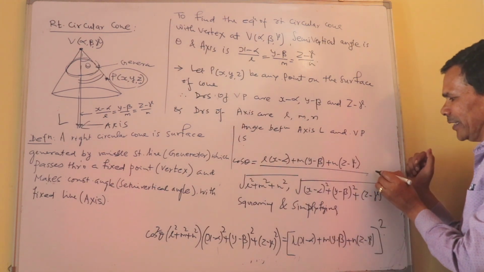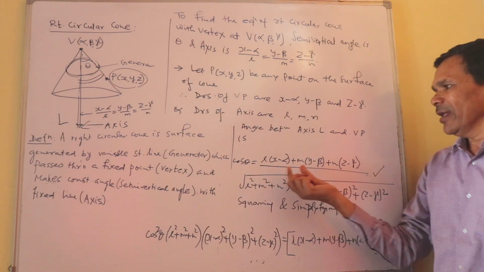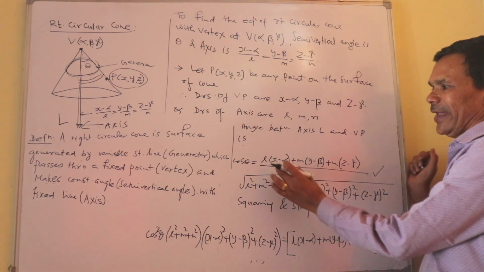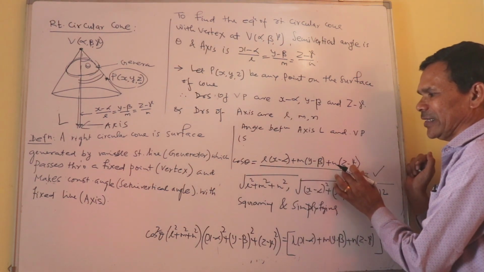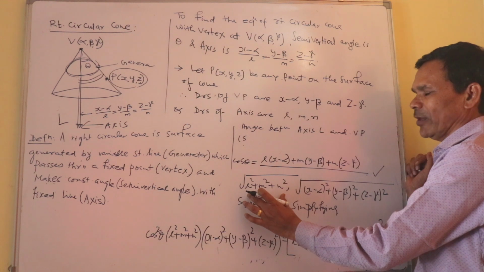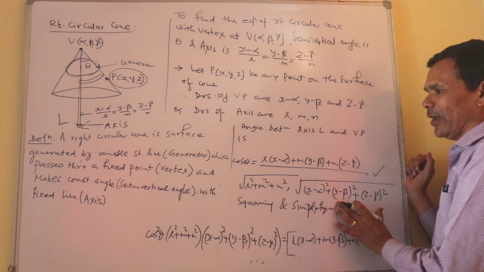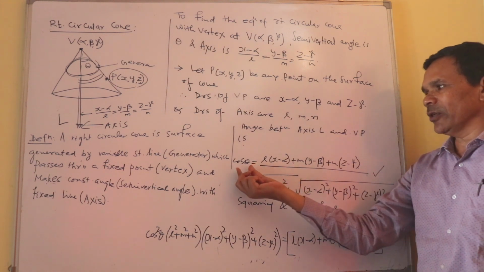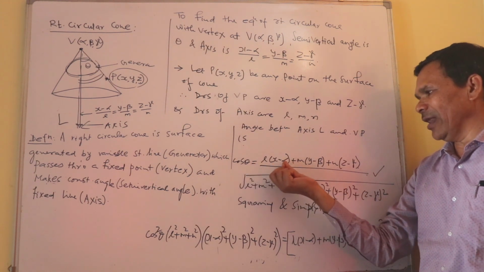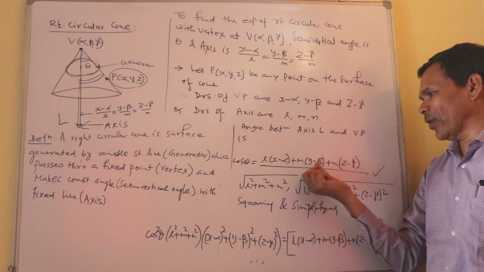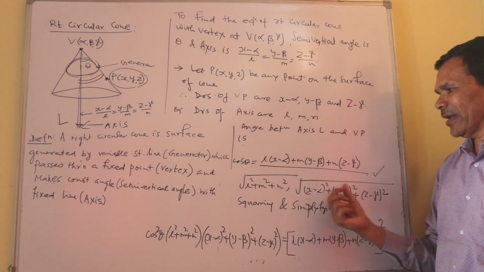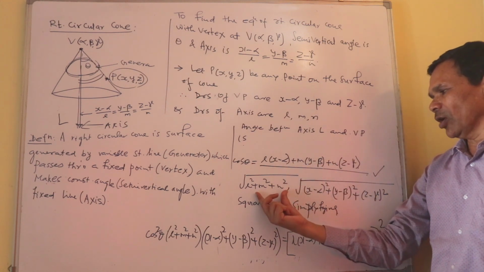So the cosine of the angle theta is given by the formula (a a' plus b b' plus c c') upon root of (a square plus b square plus c square) times root of (a' square plus b' square plus c' square). So cos theta is equal to l(x minus alpha) plus m(y minus beta) plus n(z minus gamma), divided by the root of this thing.